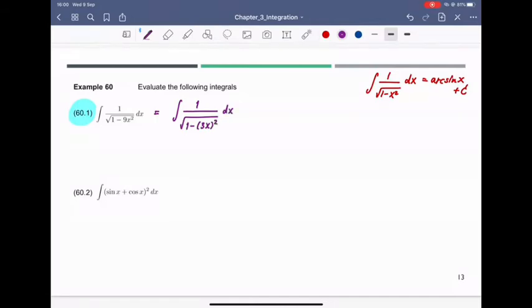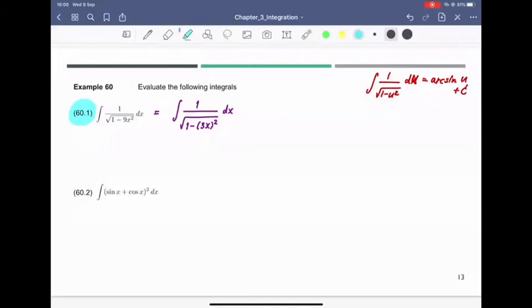The reason why I do this is because at the end what I want is the integral of 1 over square root of 1 minus u squared du, right? So I can get arc sine u. That is my goal.